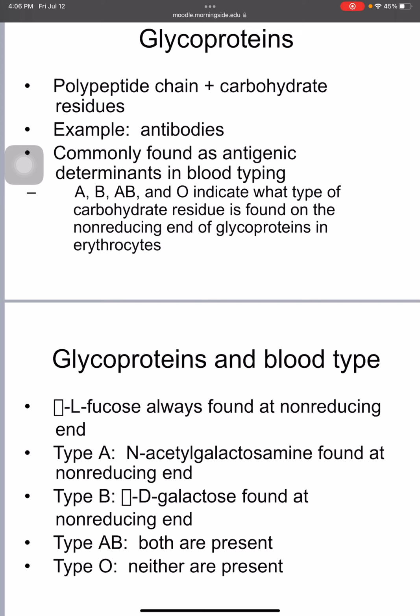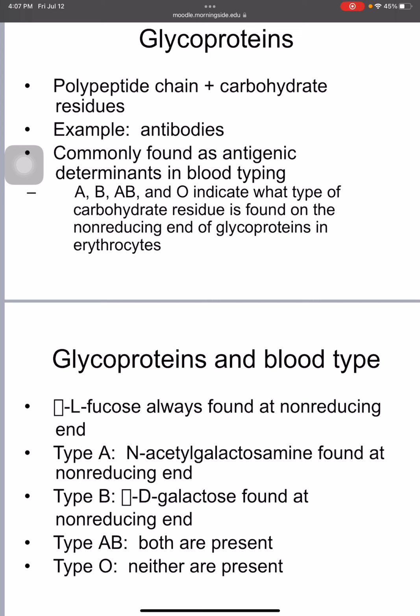You can see several different saccharides here. Here's your alpha L-fucose, here's an N-acetylgalactosamine, here's a galactose, and then at the very end of your non-reducing end, you have beta N-acetylgalactosamine. Ooh, that's a mouthful. It's highlighted. That's always present when you have type A.